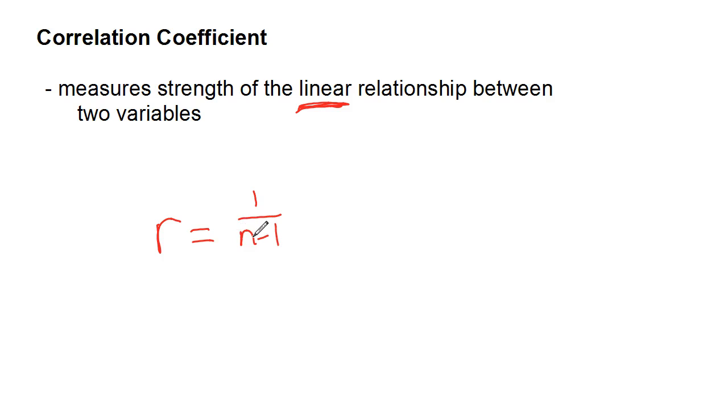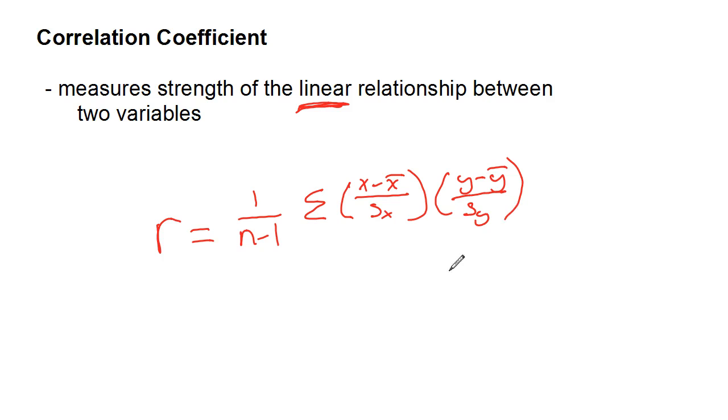N is just the number of pairs that we have, or the number of points, the ordered pairs that we have. And then we have the sum of our x values minus their mean divided by their standard deviation times the y value minus its mean divided by the standard deviation for y.